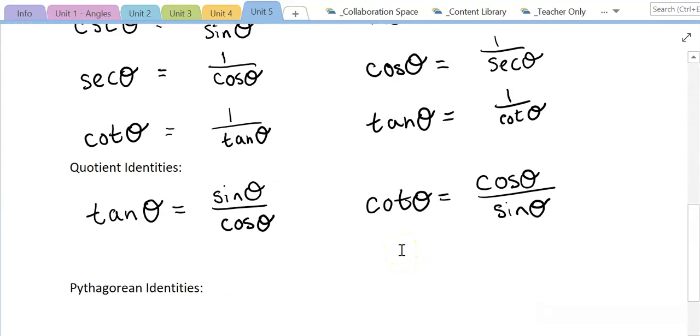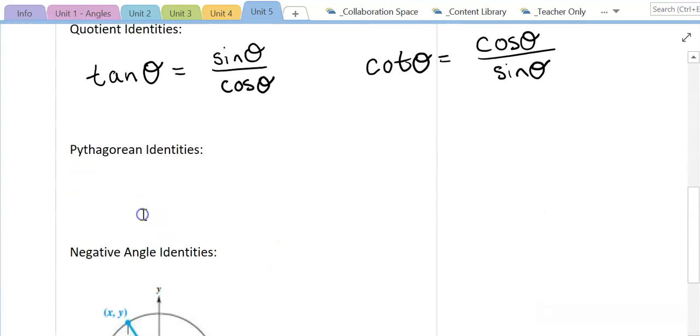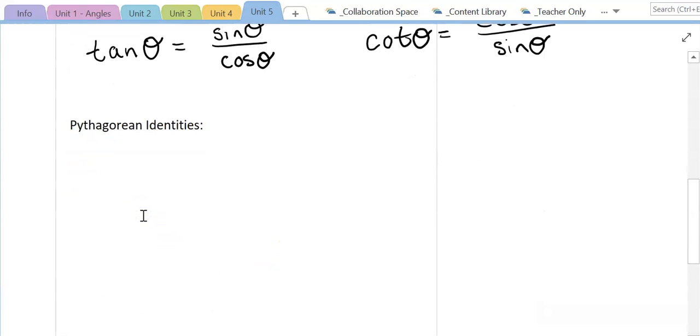Okay, moving forward, the next thing we're going to discuss today is the Pythagorean identities. So for our Pythagorean identities, think about the Pythagorean theorem that we focused on a few times in this course. So a squared plus b squared equals c squared. And remember how we related that to our unit circle.